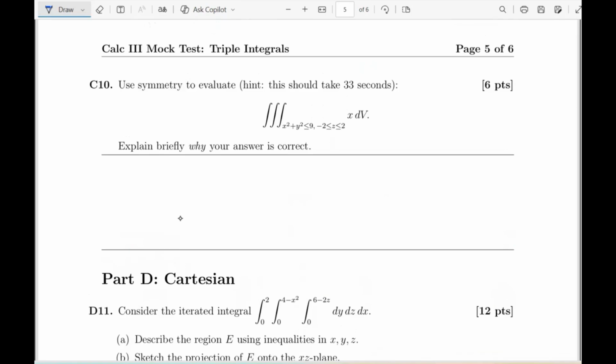When I wrote the answer to this, it really took half a minute because symmetry is very powerful here. So let me write the answer and then I'm going to justify. So the answer is 0 by symmetry. This finishes the question. And of course, this is 0 by symmetry.